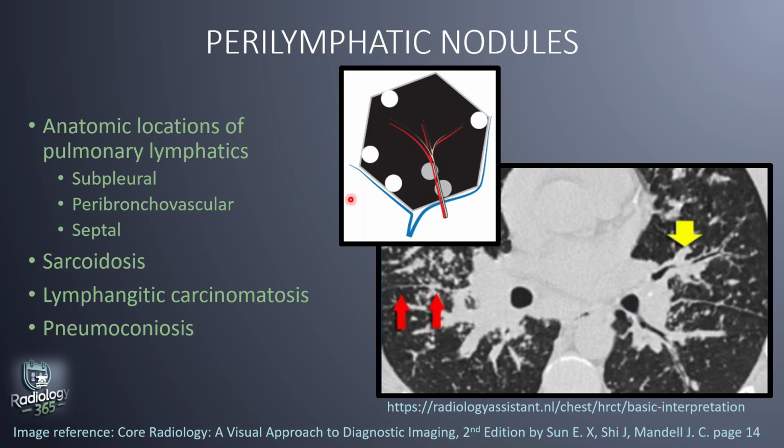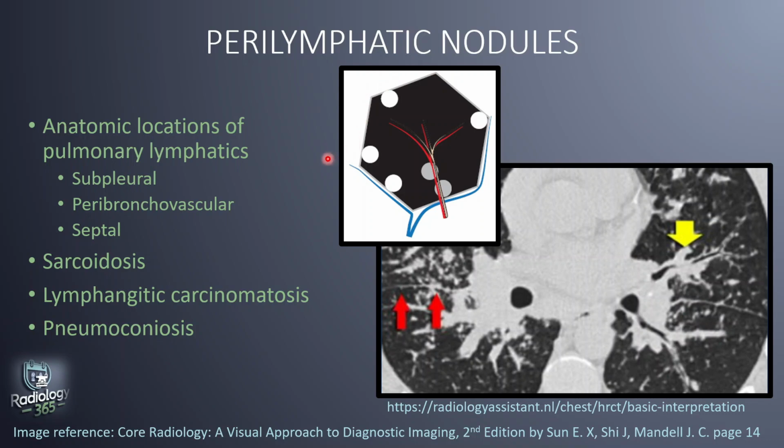So when you remember our diagram, our schematic for the secondary pulmonary lobule, we said that the lymphatics are in the periphery, right? So that makes sense to think that the septal parts, all the parts that would have these septi, the pleural surface, the fissural surface, and the interlobular surfaces will all have pulmonary lymphatics.